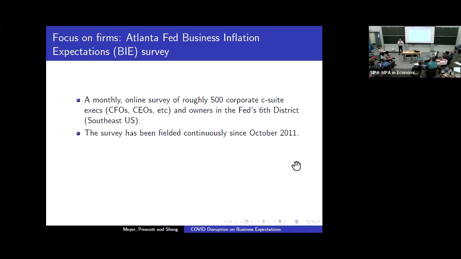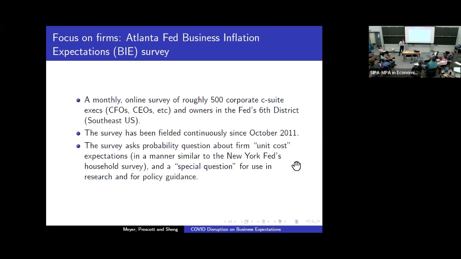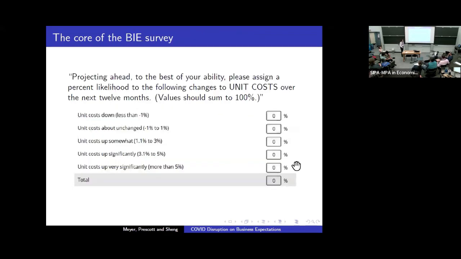So currently we have roughly 13 years of monthly responses. That's a huge amount of firm-level survey data, so far as I'm concerned, for the United States. The survey asks probability questions in a similar manner to the New York Fed survey for households. Also, we ask some additional questions for research and policy guidance. So here's the questionnaire.